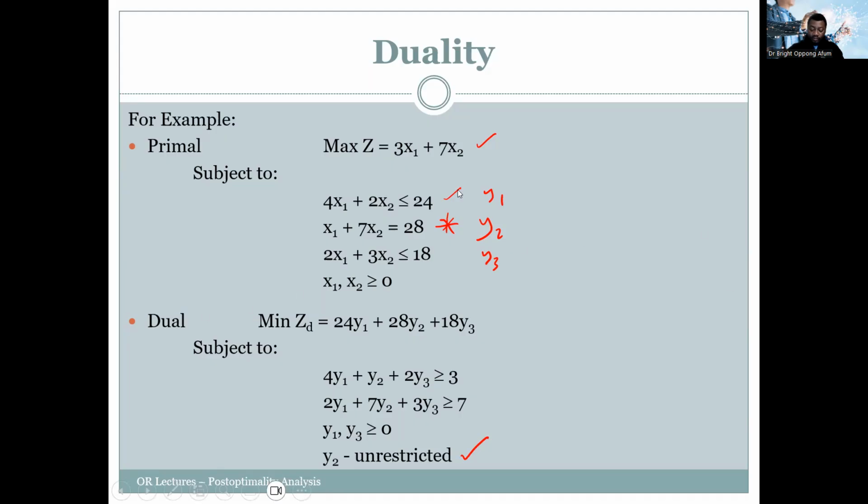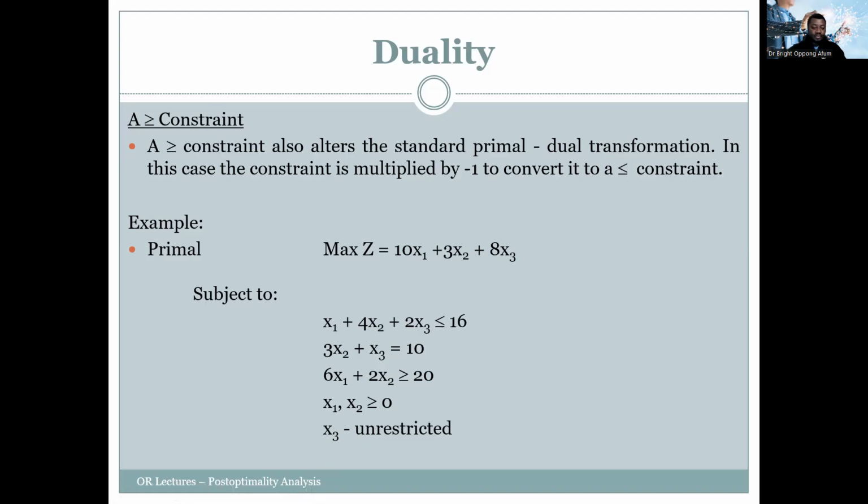All right. So when you look at a constraint which is greater than or equal to, this also alters the standard primal-dual transformation, right? In this case, the constraint is multiplied by -1 to convert it.